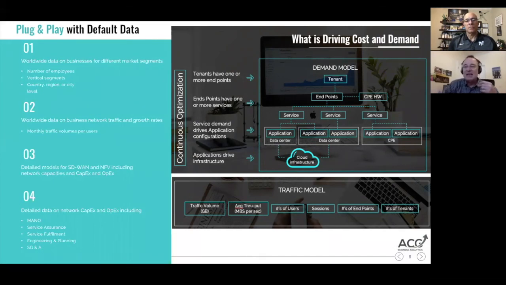The tenants can have endpoints, and endpoints have services associated with them, and then the services map to applications, and those applications run in cloud native environments. They could run in centralized data centers, or they could run in edge data centers. And we have very sophisticated cash flow models that really design the network based on demand, based on users, based on traffic, based on application.